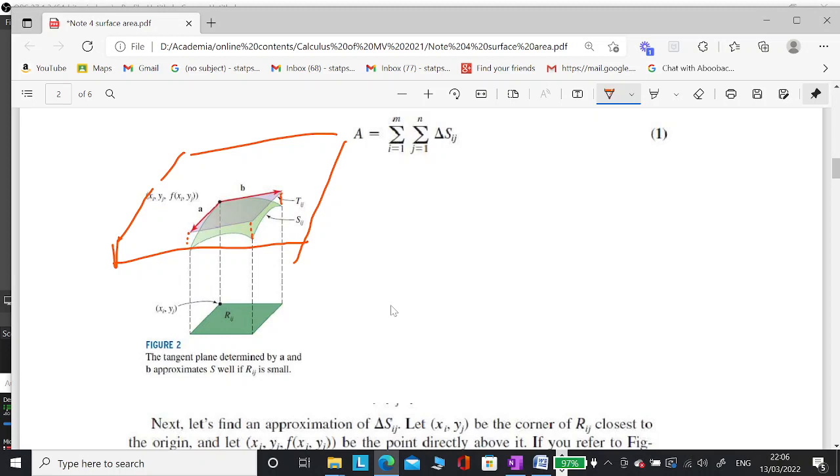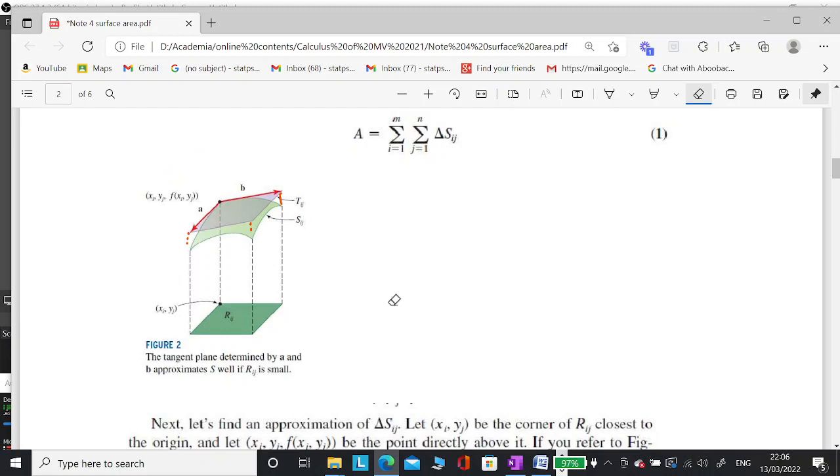If you project this, you get a rectangle or a parallelogram. We can easily find the area of this parallelogram and approximate that to the surface of the required region. This is the main idea we are using, the tangent plane idea.